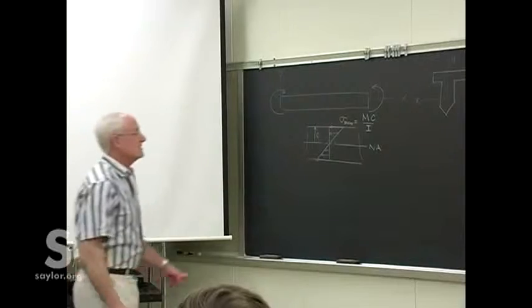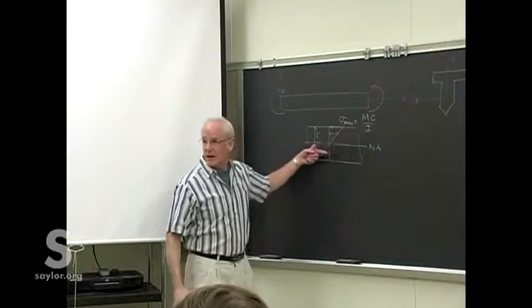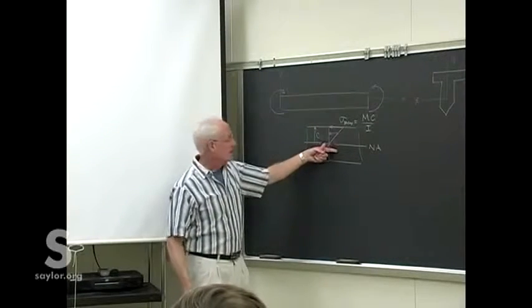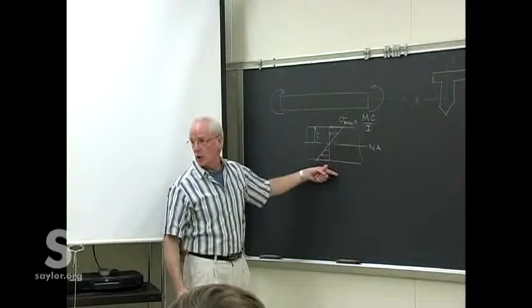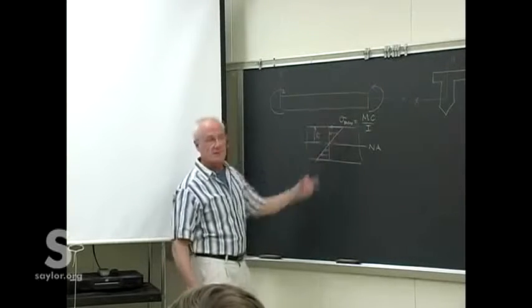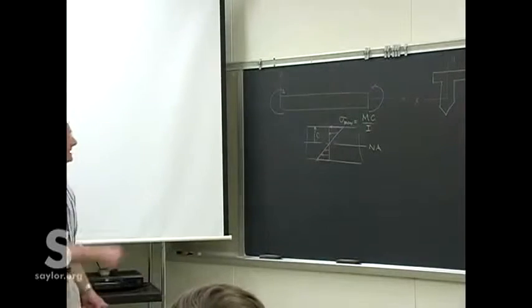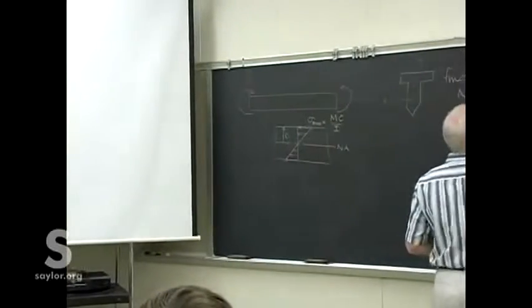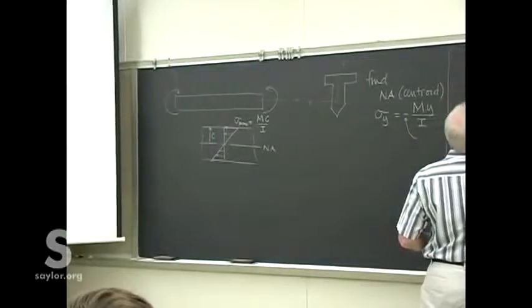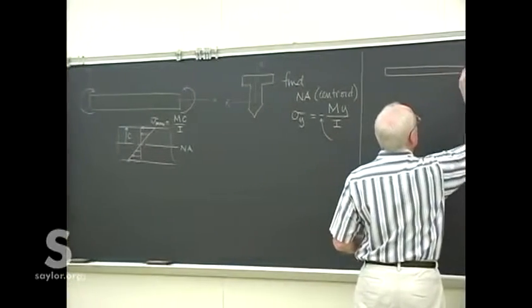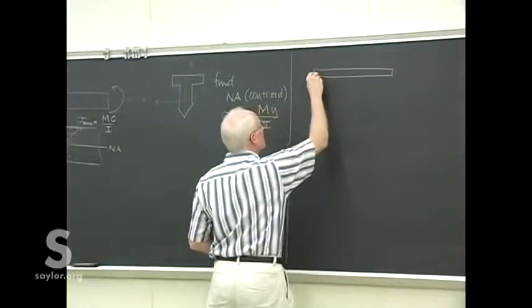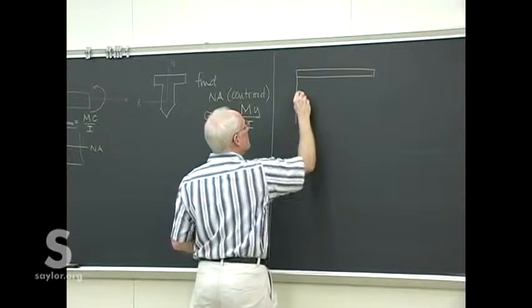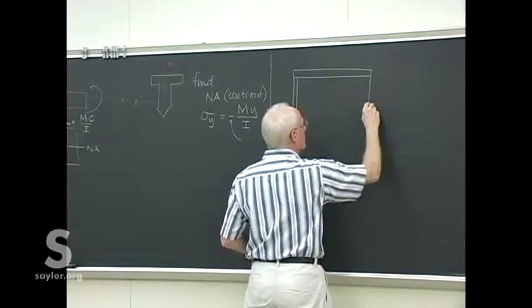And remember, this neutral axis might not be right in the middle, so the greater distance might be below the neutral axis rather than above. It depends on where the neutral axis falls. Depends upon what the cross-section looks like. So we'll remind ourselves how to find that neutral axis, because we're going to need that with what we're doing next.